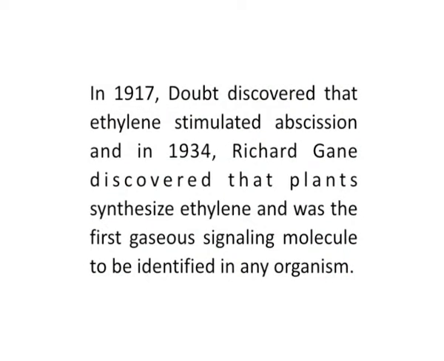Later, in 1917, Dowd discovered that ethylene stimulated abscission, and in 1934, Richard Gane discovered that plants synthesize ethylene and was the first gaseous signaling molecule to be identified in any organism.